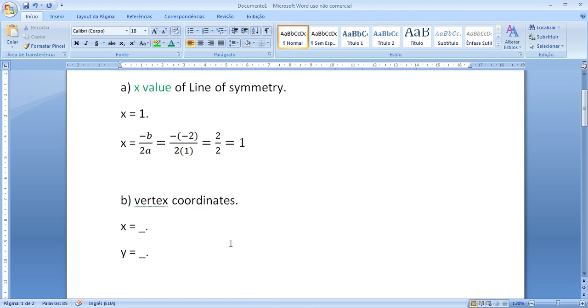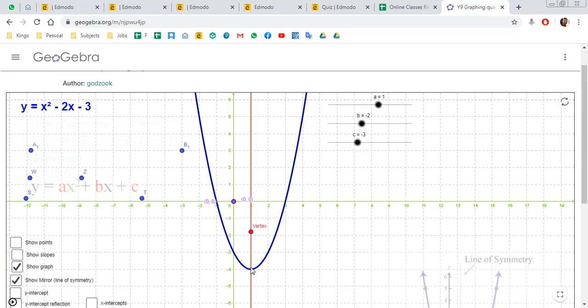Now the vertex coordinates. For the vertex coordinates, we already have the x coordinate, because the vertex is always on the line of symmetry, so the x coordinate comes from the formula.